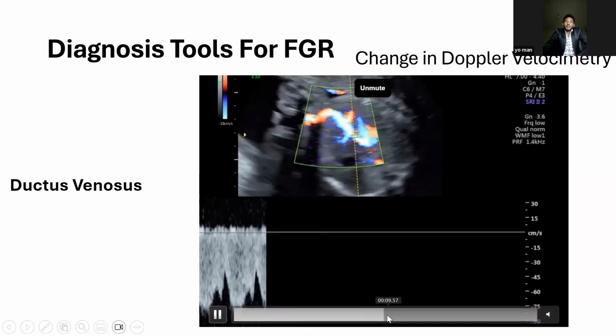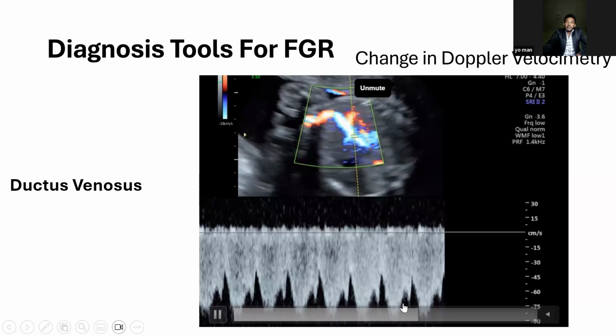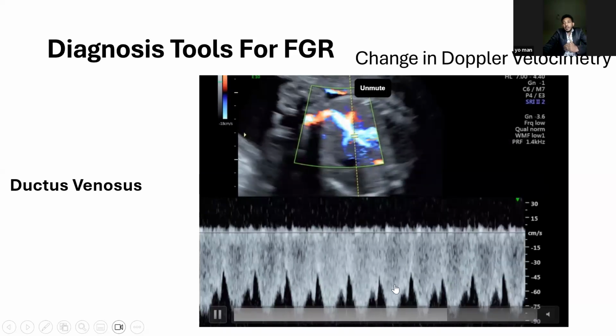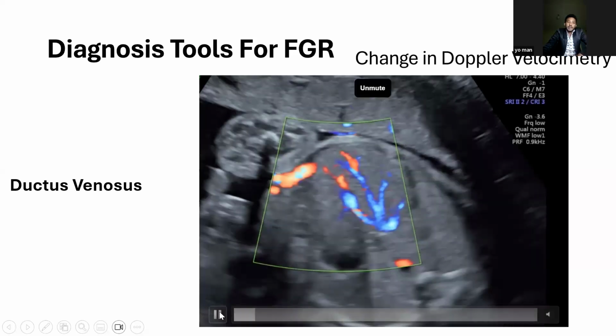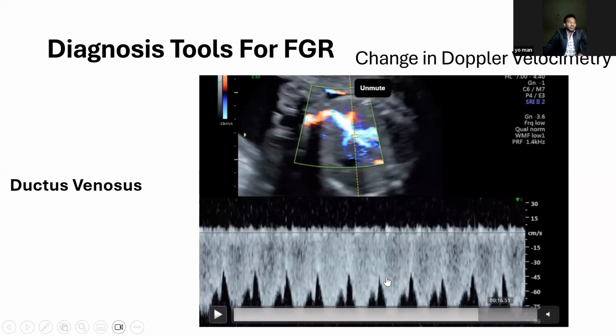The normal waveform of the ductus venosus looks like this, and as the gestational age increases, those diastolic components become higher, okay? Decrease the baseline, and the scale will not be that complex, okay?